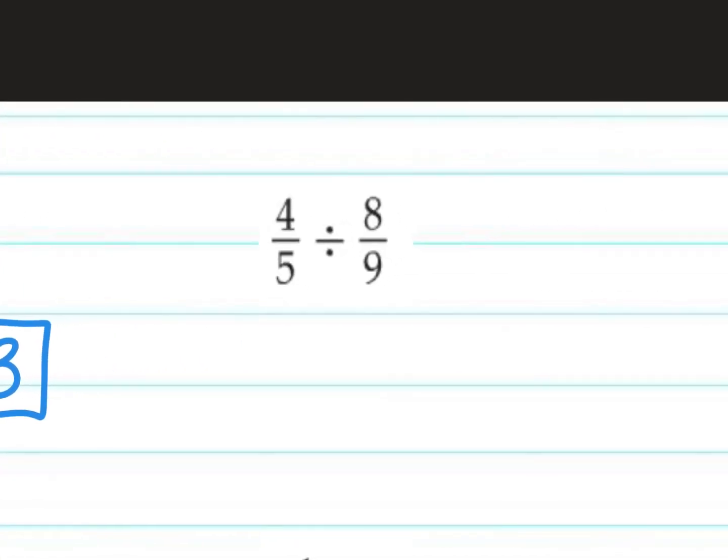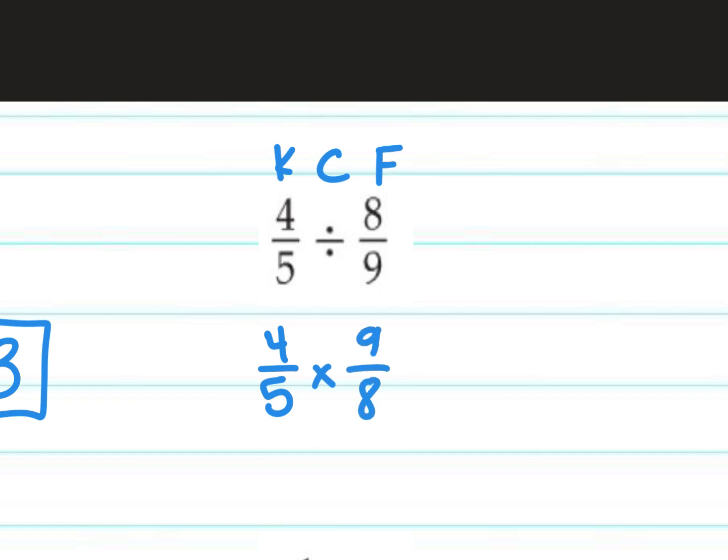Next one, 4/5 divided by 8/9. Again, keep the first fraction the same. Change to multiplication. And then flip the second fraction, switching the numerator and the denominator, so 9/8, and then multiply tops and bottoms. So 4 times 9 is 36, 5 times 8 is 40.